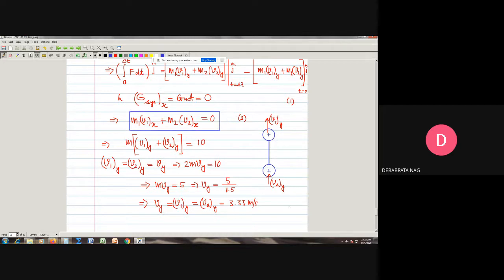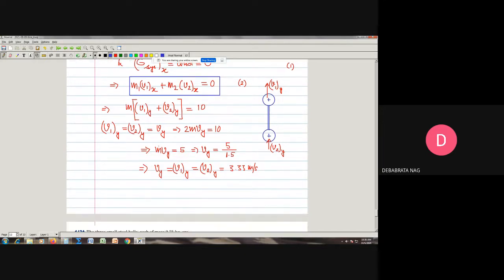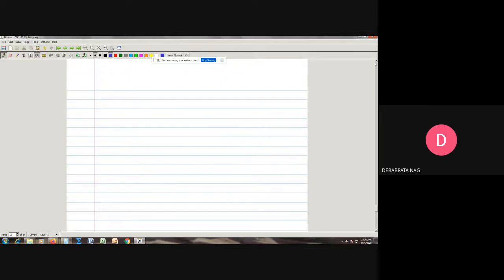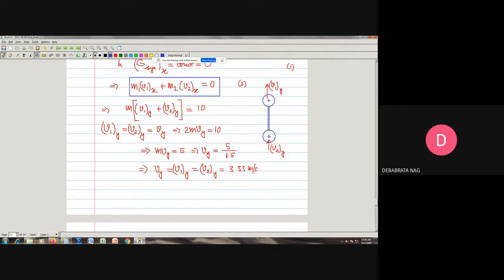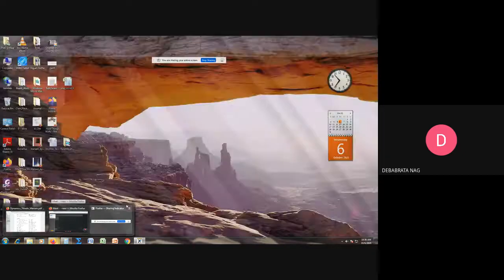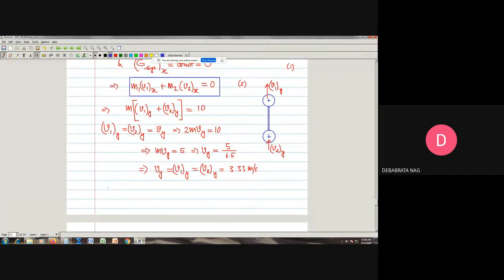So from equation 2, if you recall, this is our equation 2, since our masses are all equal, we can say that v1x plus v2x is equal to 0.